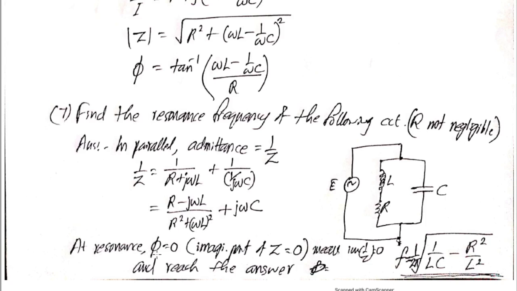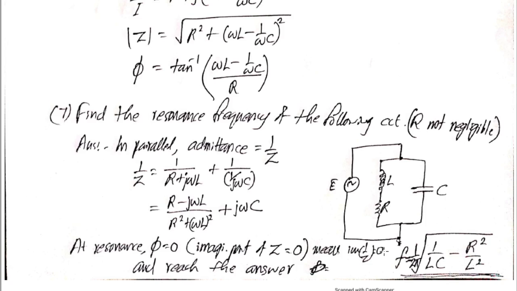Now at resonance, φ will be 0, that is, phase difference 0. Phase difference is tan inverse of imaginary part by real part. Phase difference 0 means the imaginary part of impedance should be 0. Imaginary part of impedance Z is 0 means the imaginary part of 1/Z is 0.